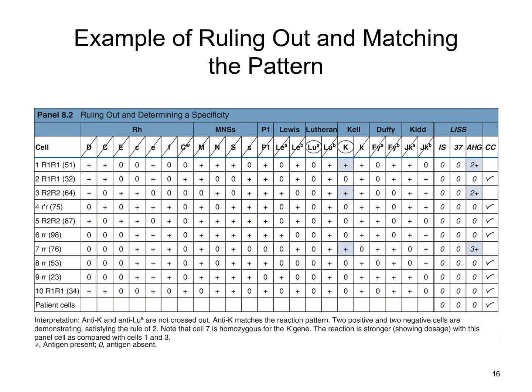So here you have your textbook explanation of the panel that we just worked up. Of course, they got the same thing. They could not rule out Lutheran A or big K. One thing I want to mention is it states here the rule of 2, where earlier it says the rule of 3. Some labs will use the rule of 2, some will use the rule of 3.